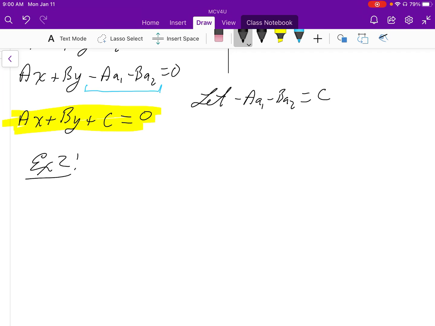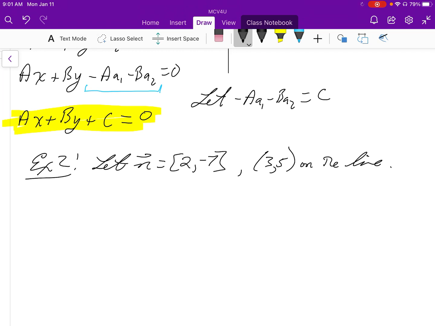Let's say, for example, our normal vector is 2, negative 7, and we have the point 3, 5 on the line.